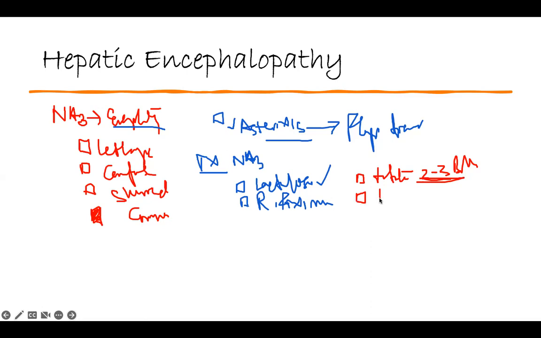You can give it with milk because it doesn't taste good. It tastes really, really bad. You can add it to a fruit juice, or they take it on an empty stomach. This is something they can ask you as a teaching question.